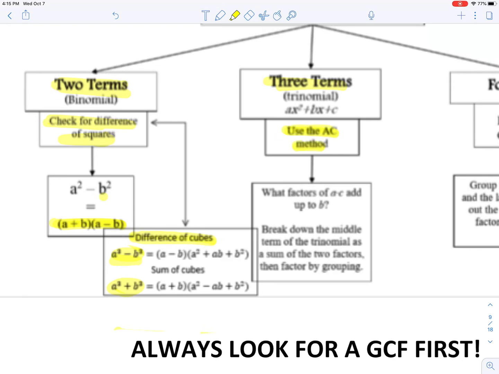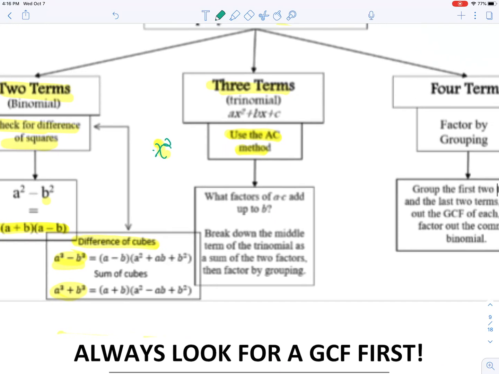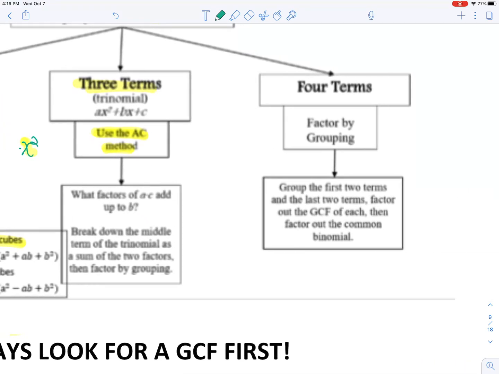That's where we multiply A times C and then factor by grouping. So if it has 3 terms and the highest exponent is x squared, then we want to use the AC method. If it has 4 terms, we want to factor by grouping. There's not much else we can do if it has 4 terms.